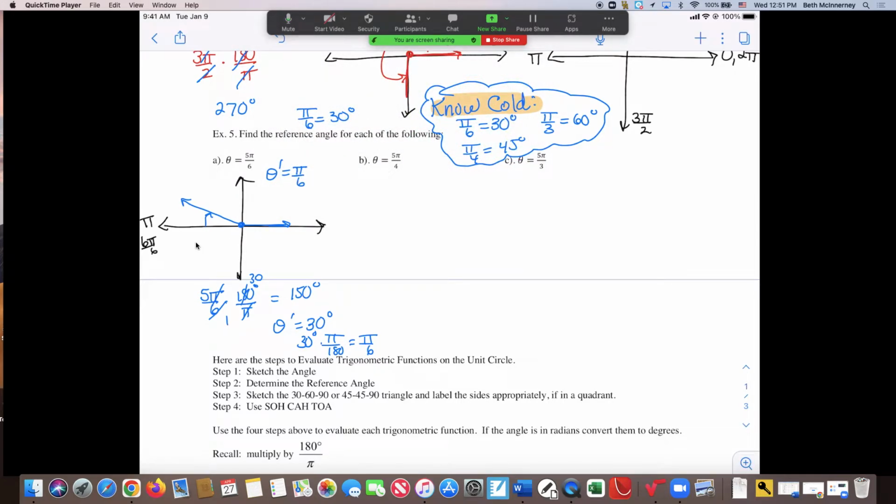All right, let's look at letter B. So I have an angle 5 pi over 4. I'm going to put pi here, but because it's a fraction with a denominator of 4, pi has an equivalent form of 4 pi over 4, right? Isn't that pi? So 5 pi over 4, is that smaller or larger than pi? It's larger by how much? 1/4, okay? 1/4 more.